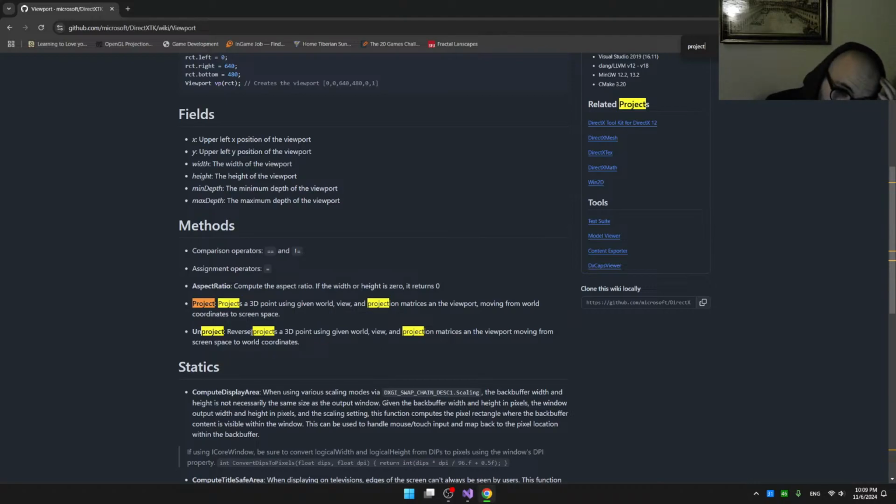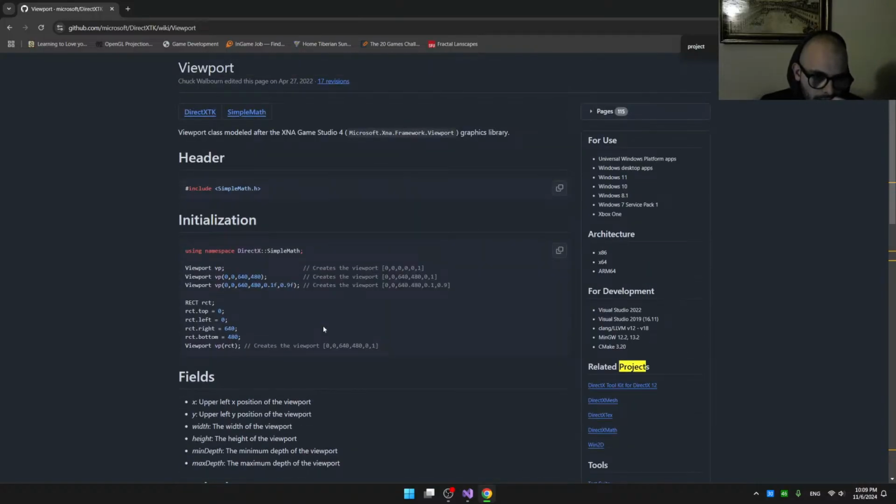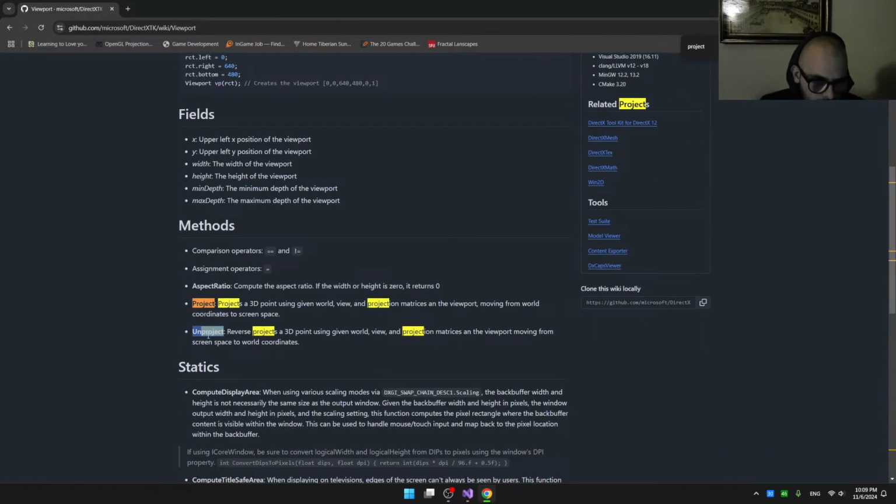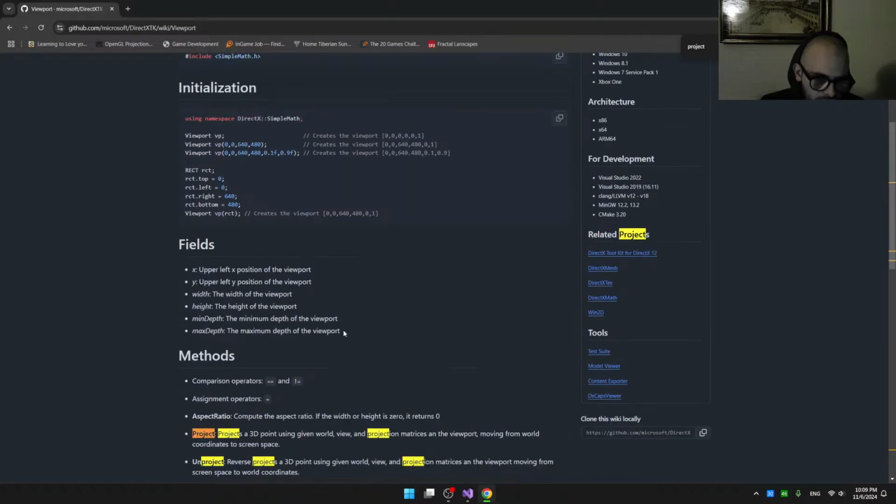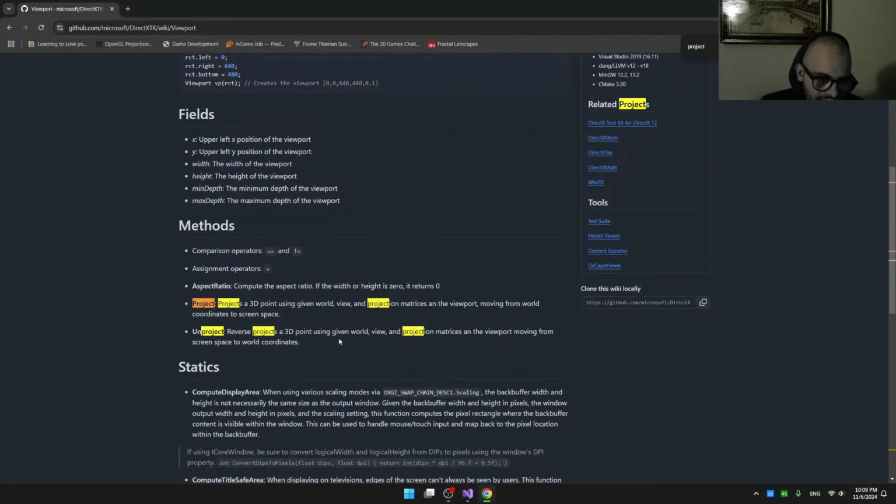Unproject, reverse projects a 3D point using given world, view, and projection matrices.